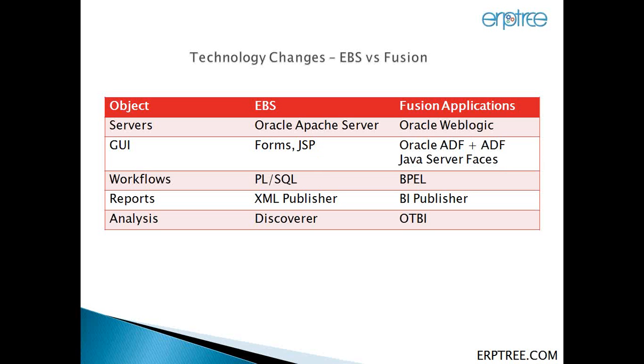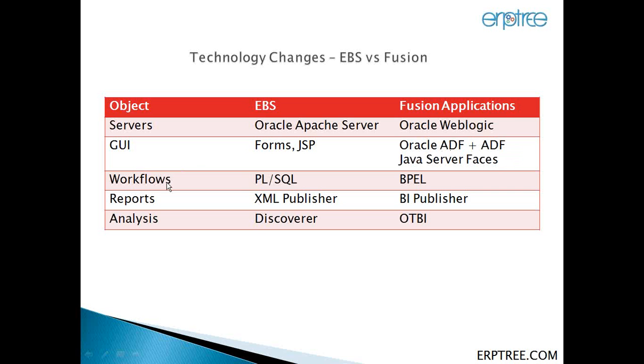In our SCM case, supplier creation, customer definition and a few other definitions can be managed in JSP pages, Java Server Pages, nothing but web pages. But in the Fusion application, the complete functionality throughout the application is built with ADF technology. You are not going to find any forms within the Fusion application. Everything is a web page, built with the technology called ADF, Application Development Framework.